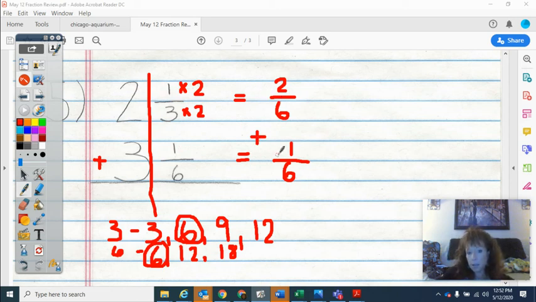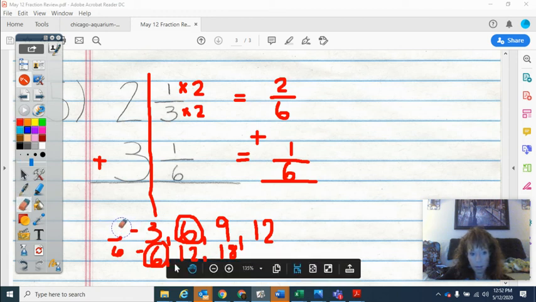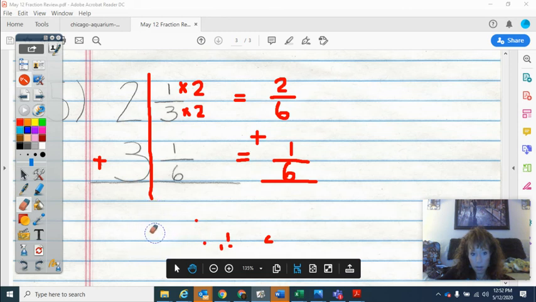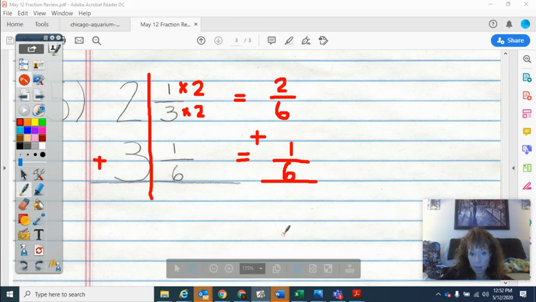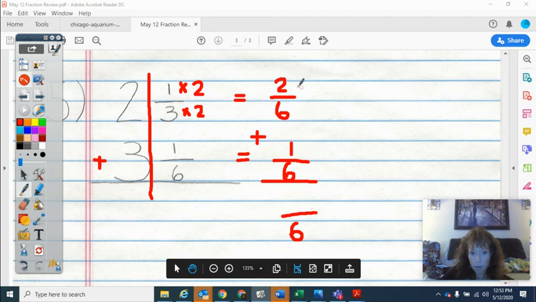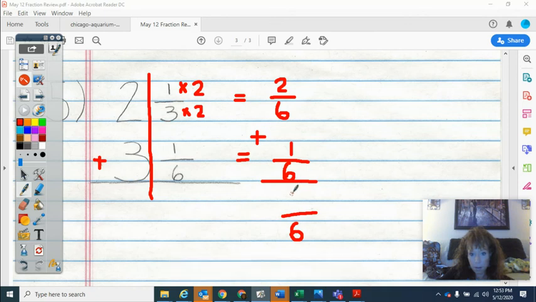And 1/6 is 1/6. I really did not need to change that. I'm going to erase these multiples down here to give myself room. And so I've got the same denominator, and my answer will have the same denominator. And then 2 plus 1 is 3. So I've got 3/6.